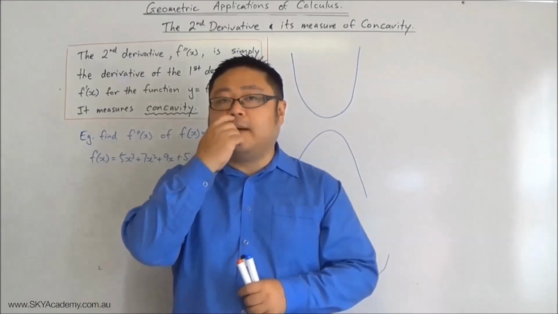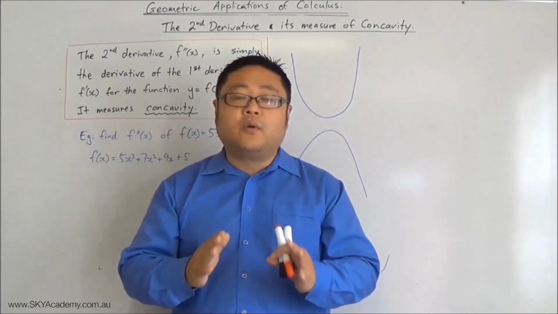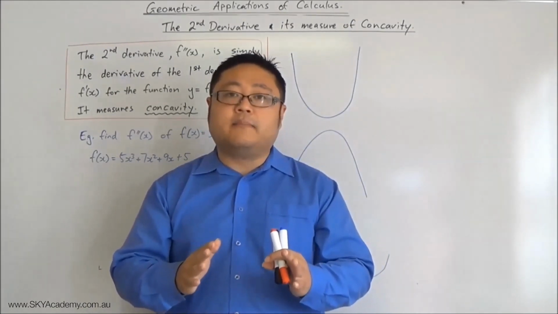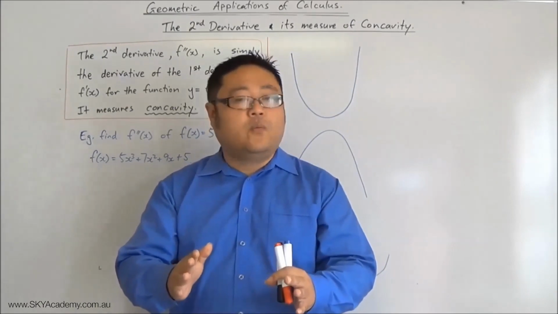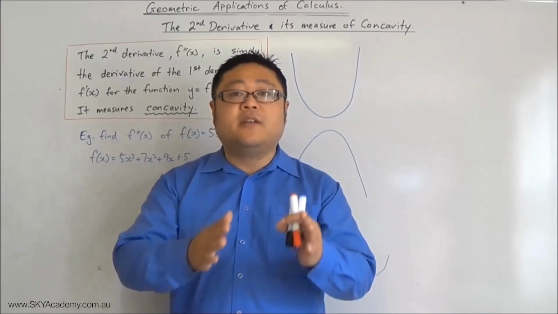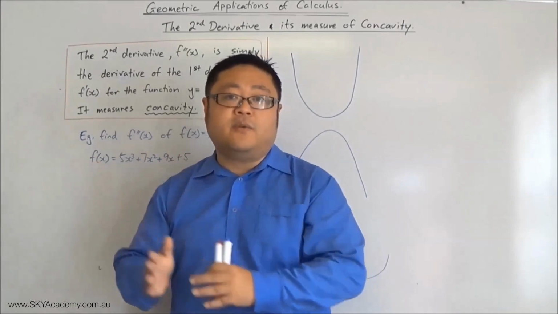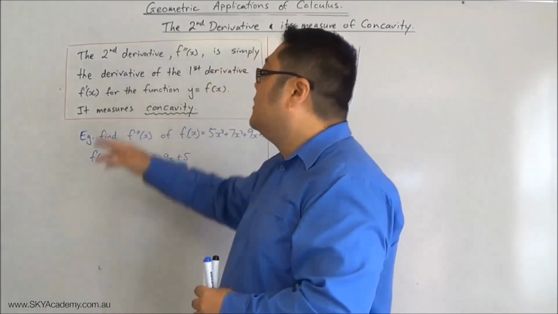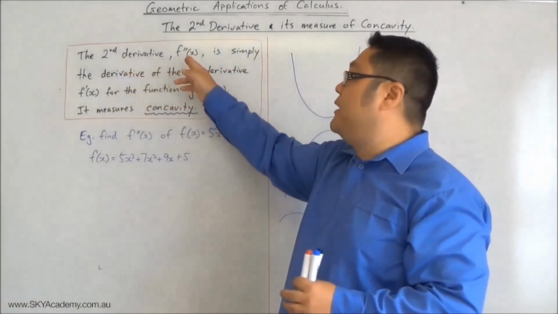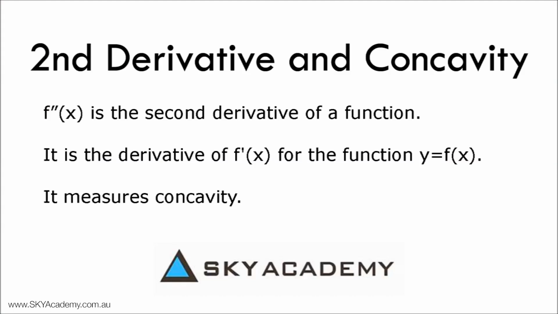In this particular episode, what we are looking at is a concept called the second derivative, which is a simple way of saying the derivative of the derivative. The second derivative is written like this, f double dash of x, and it is simply the derivative of the first derivative, the first derivative being f dash of x for the function y equals f of x.